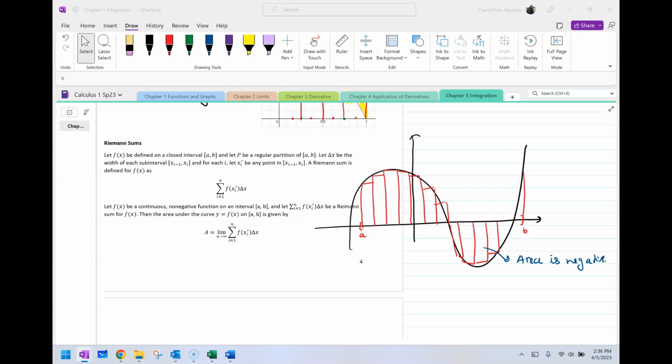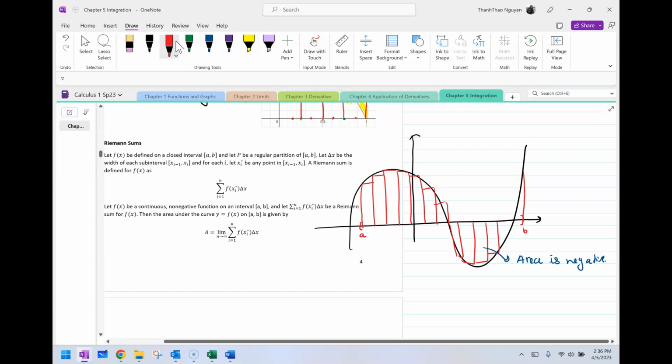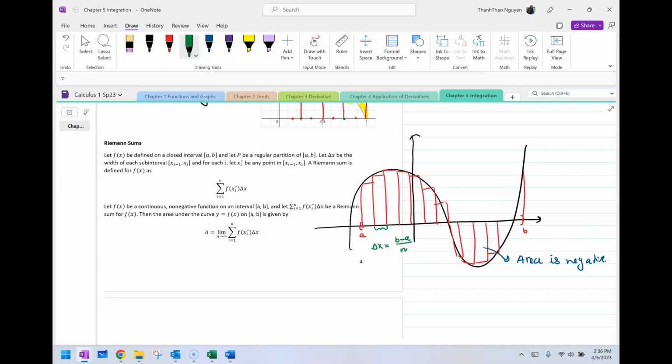Now let's see how we use the Riemann sum in order to calculate the area under the curve. Note that the width of each rectangle, delta x, is equal to b minus a divided by the number of rectangles. And whatever the x value is here, we call this x sub i star.